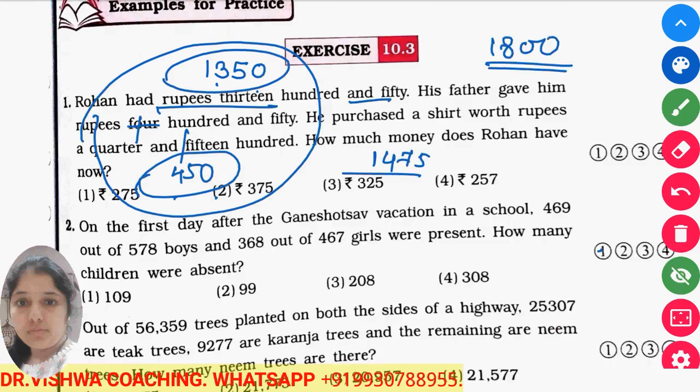So in total he has 1800 rupees. Now how much did he spend? 1475. So how much is left with him? So you have to subtract this 1475 from this 1800. So you will get the answer as 325 rupees.